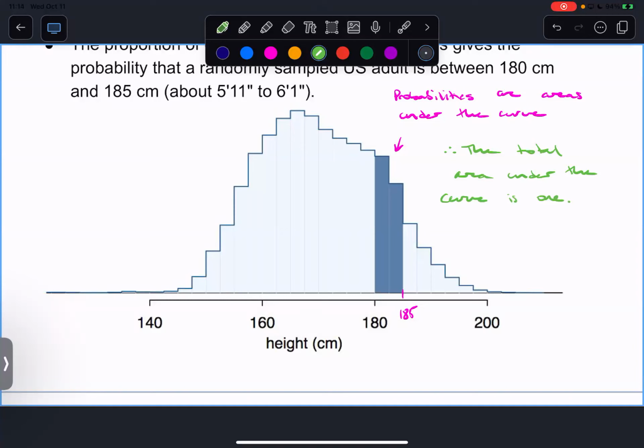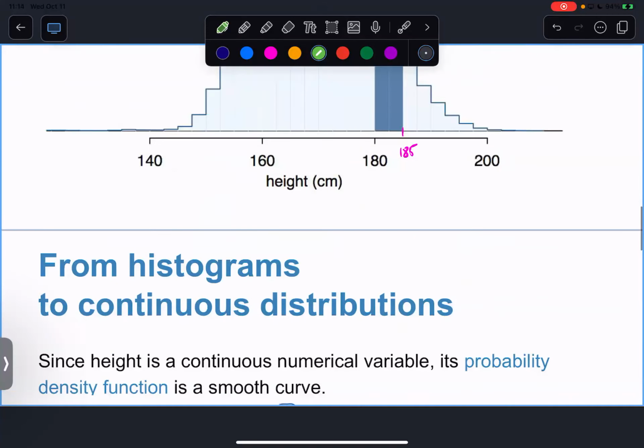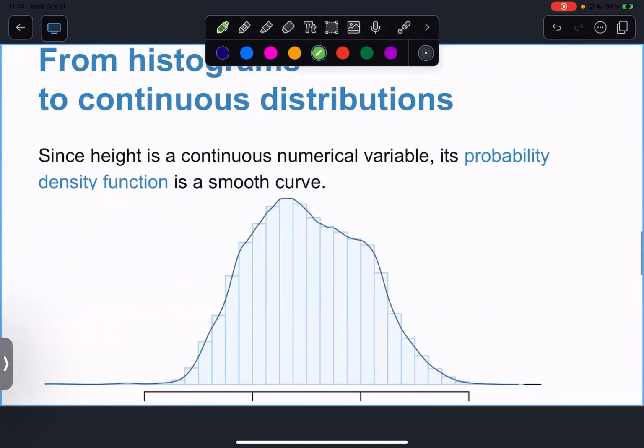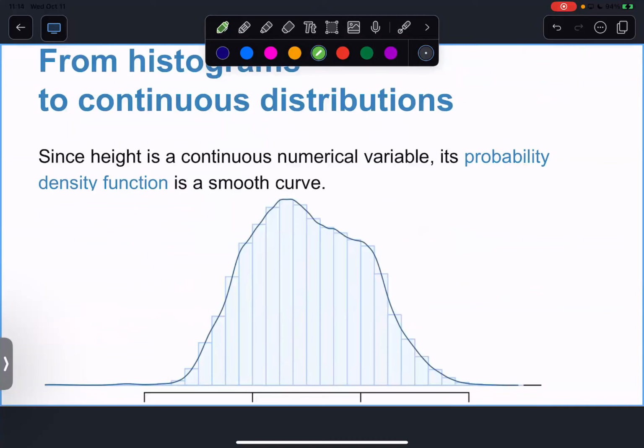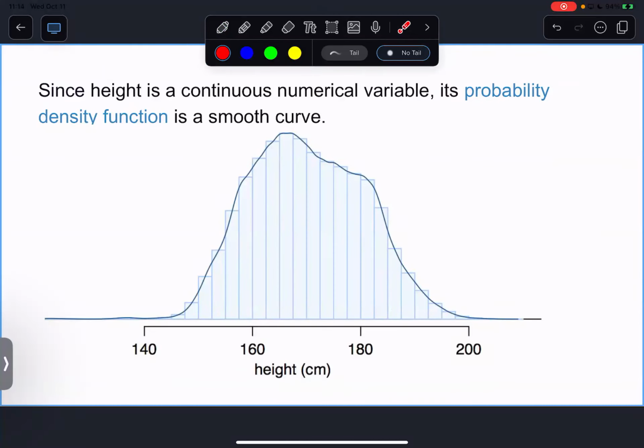Okay, nice. So we're not just going to have these histograms. We're going to be thinking about populations, which means that we would have the entire population, which would smooth out these histograms. And so now we get this probability density function. I'm not going to refer to it as that, but that's what it's called when it's this kind of smoothed out function.